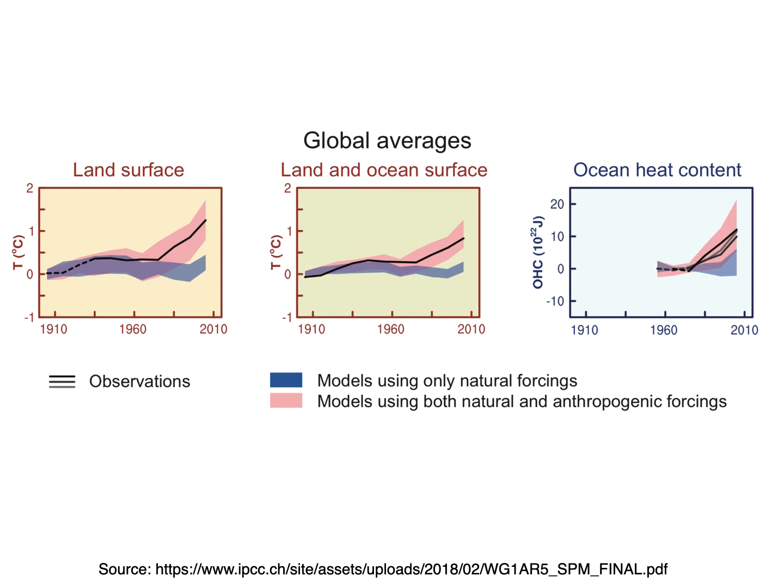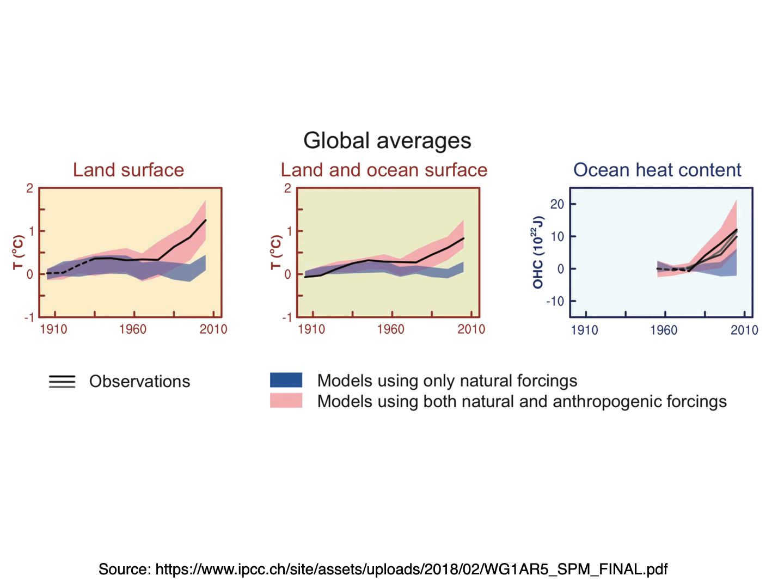So for land surface, we see that there is a big disconnect now between observations and the temperature that should occur if you modeled with just natural forcings. The modeling with the greenhouse effect enhancement does correlate with the observations.